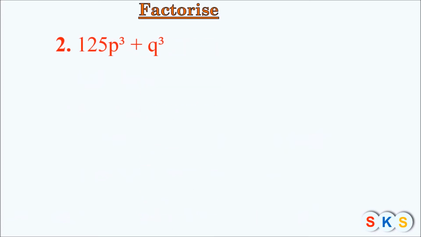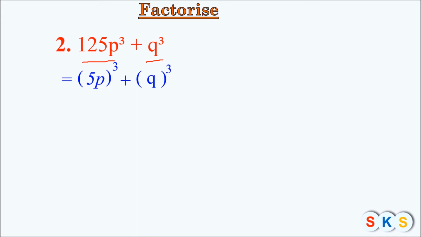Here we have the second question, 125p raised to 3 plus q raised to 3. You can see the first term is 125p raised to 3, which is the cube of 5p, and the second term is q raised to 3, which is the cube of q. So we will write 125p raised to 3 as 5p the whole cube, plus q raised to 3 as q whole raised to 3.